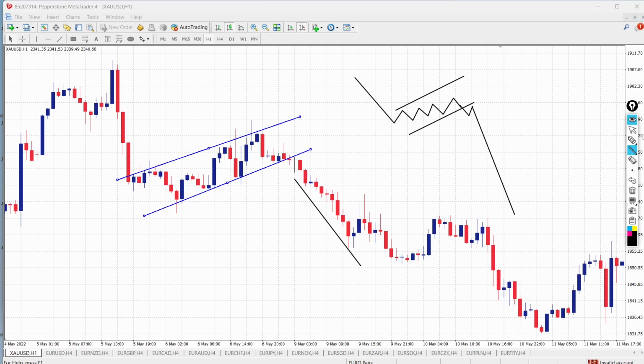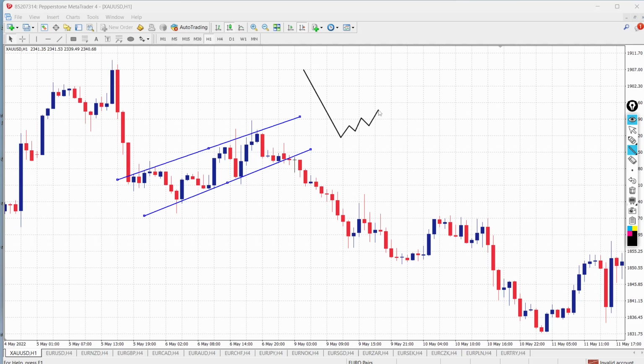So in these continuations, there are normally different types of consolidations which can occur. We have this consolidation, which shows what we call a bearish flag, and it leads to continuation of the bearish signal. Sometimes there is this flag right here, which is caused by the bears, and it is what we call the bullish flag. It is followed by a continuation into the bullishness.